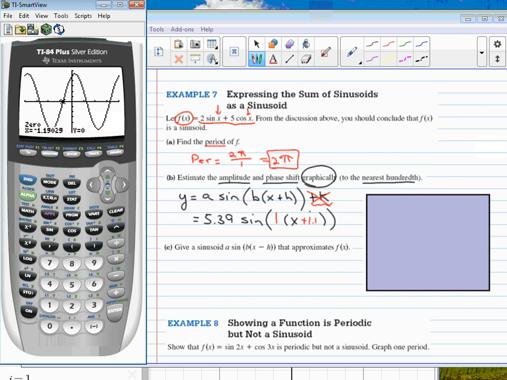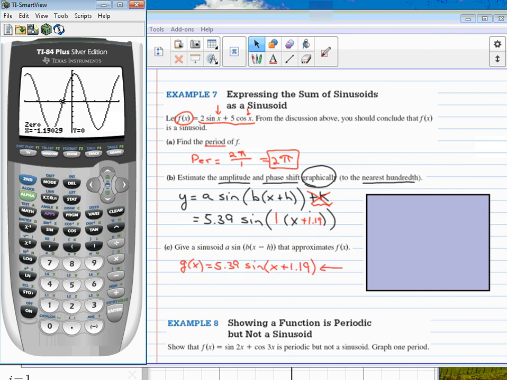Plus 1.19. So what I really have is a new function, maybe I'll call it g of x, that is 5.39 sine of x plus 1.19, because I didn't have any b change. That should be my sinusoid.